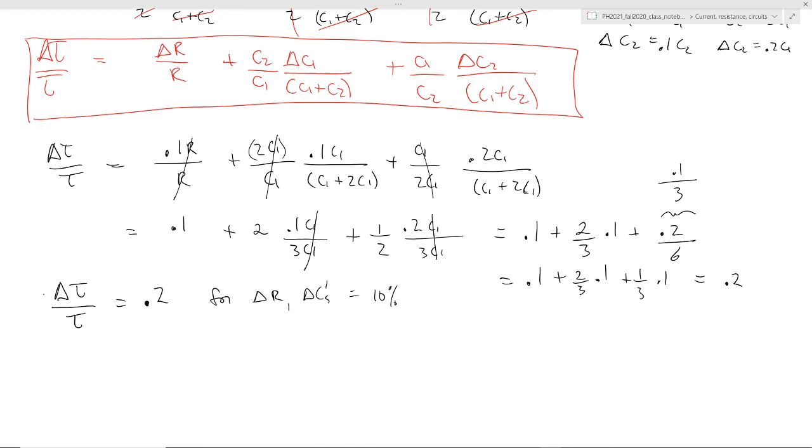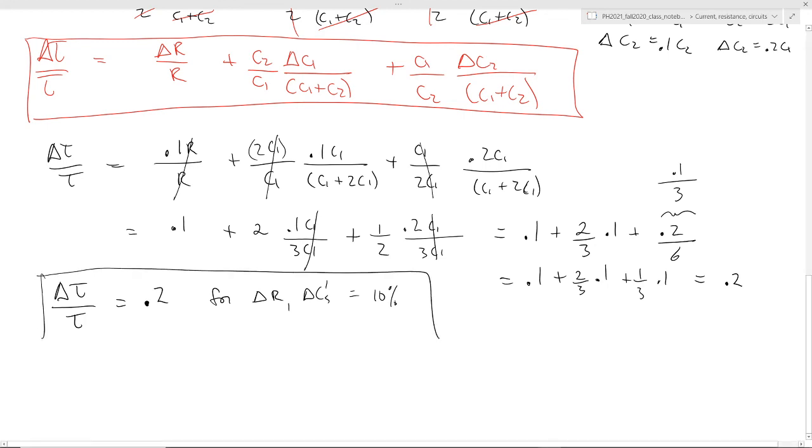So if you were building a circuit, an oscillator, and you wanted the time constant to have a certain uncertainty associated with it, this would tell you how good you would have to do with your values for R and C, and it maybe gives you a little bit different context for talking about propagation of uncertainties and how this would be useful and relevant to engineering situations.